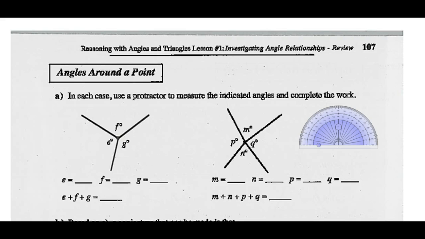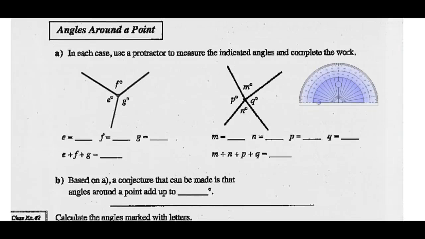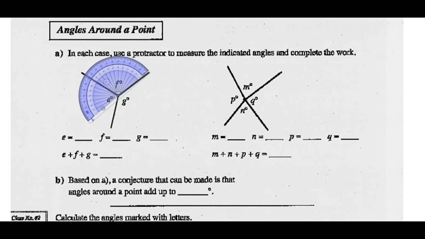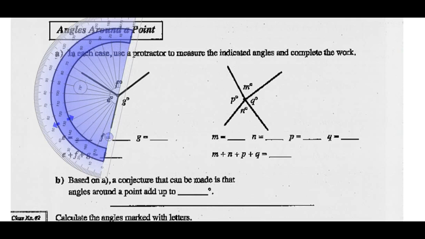Angles around a point. In each case, use a protractor to measure the indicated angles and complete the work. So let's do this real quickly. Let's measure angle E. All right, we expand that out so you can see that better. Angle E seems to be from 0 to 110.